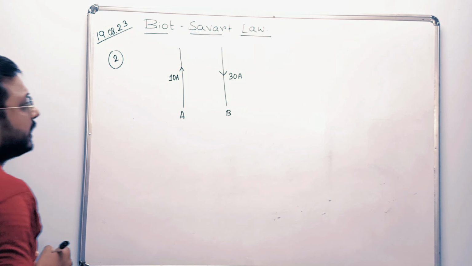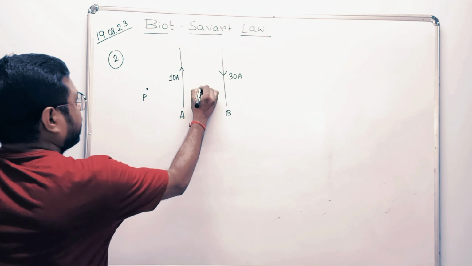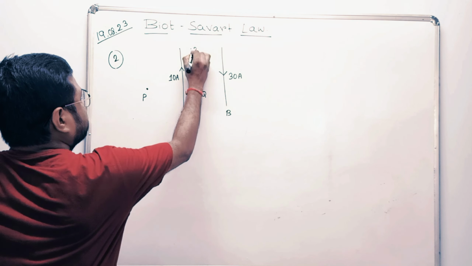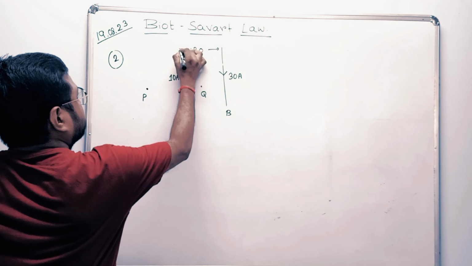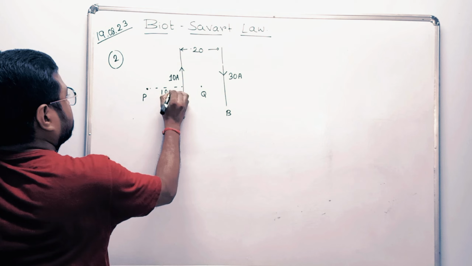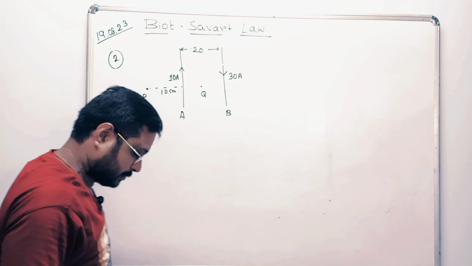Find the magnetic field at point P, midway between the two wires, and at point Q. The distance between the wires is 20 cm, and this distance is 10 cm. So find the magnetic field at points P and Q.